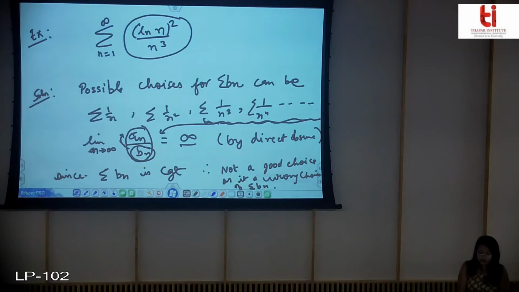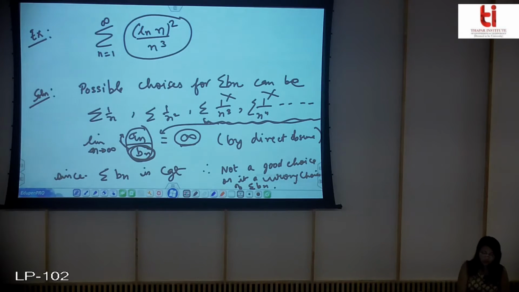You have already seen that if the limit comes to be infinite and Bn is convergent, you cannot conclude anything about this An. So this is a wrong choice.